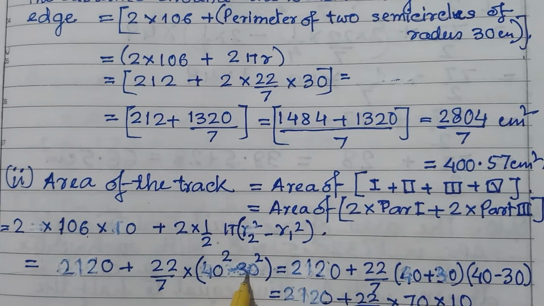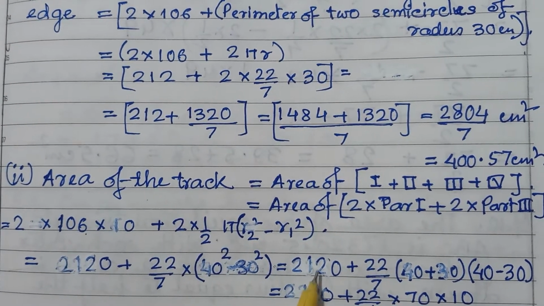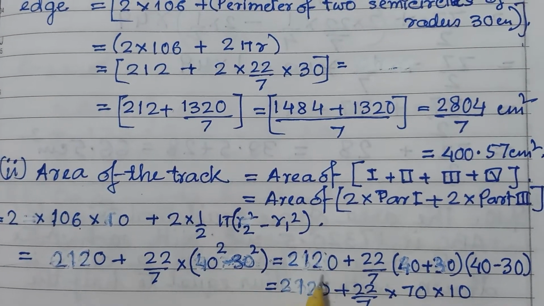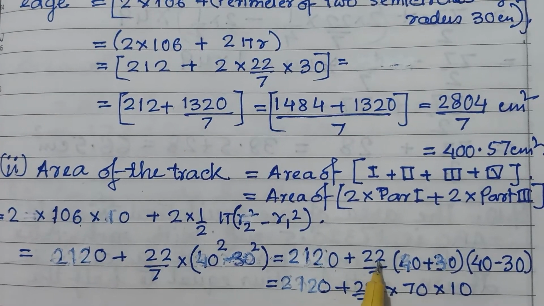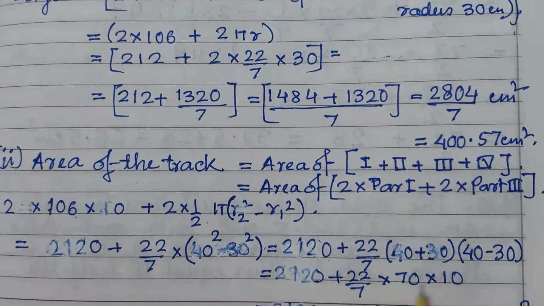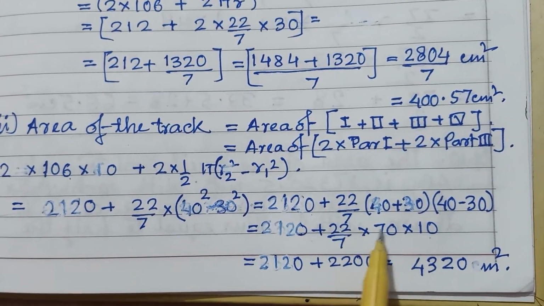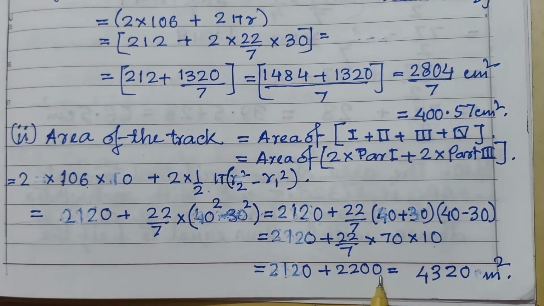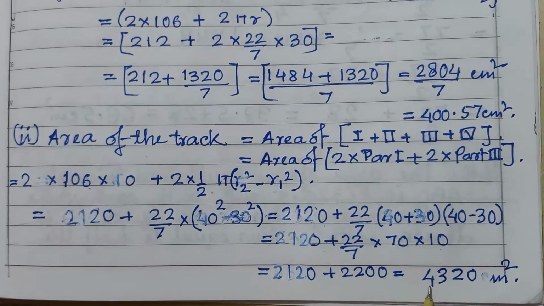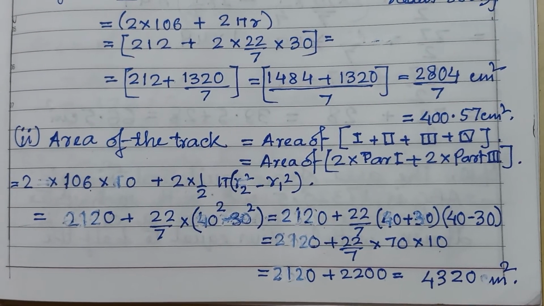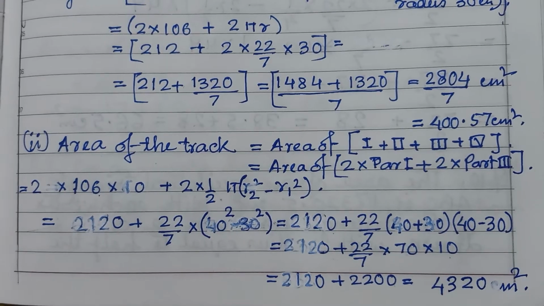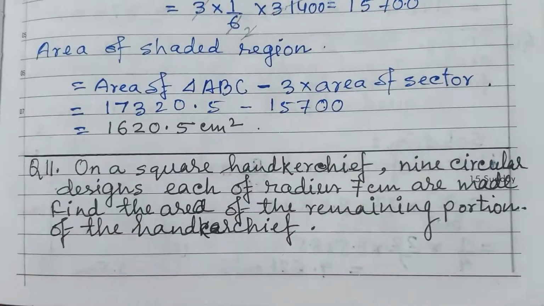Using a plus b, a minus b, 70 into 10, you can cancel, it is 10. So 2120 plus 2200, the total is 4320 meters square.